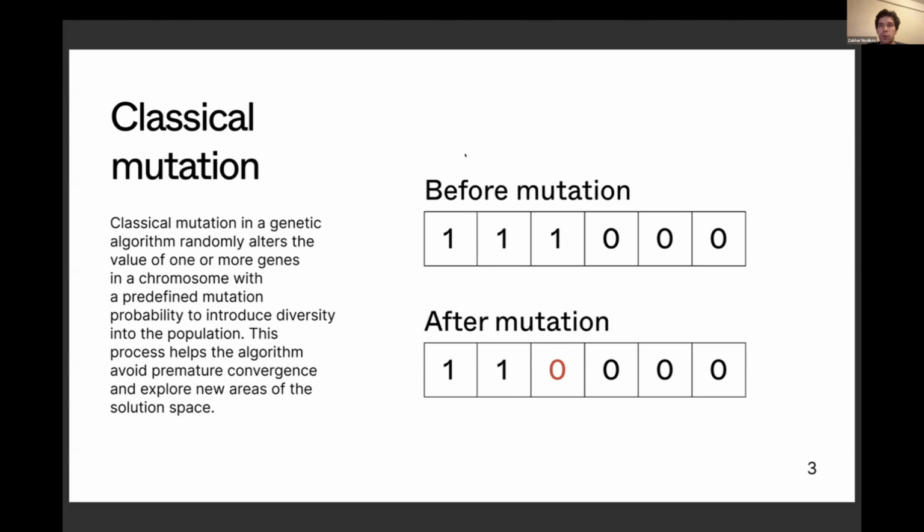And why do we need mutation? It's needed to ensure that on average, at least one gene will mutate in each chromosome if we use this approach. Mutation helps introduce diversity into the population and prevents premature convergence by making random changes. It allows the algorithm to explore new areas of solution space and avoid getting stuck in local optima.